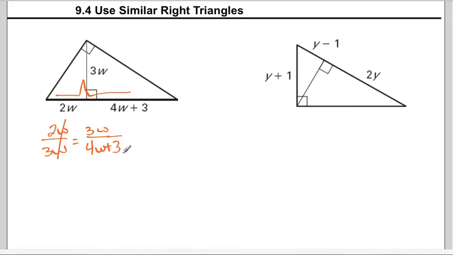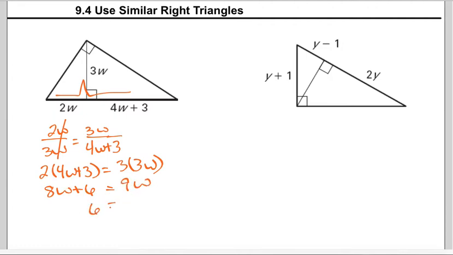So 2 times 4w plus 3, and then 3 times 3w. And so distributing over here with the 2 will give me 8w plus 6, and on the right side, 3 times 3, that'll be 9w. So we can just subtract the 8w, and you see that 6 is w. So it turns out being really easy if you divide that w out.